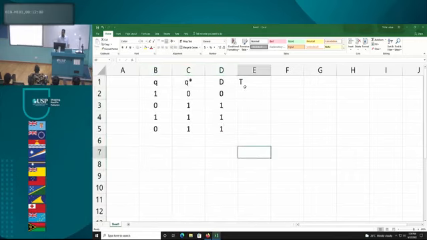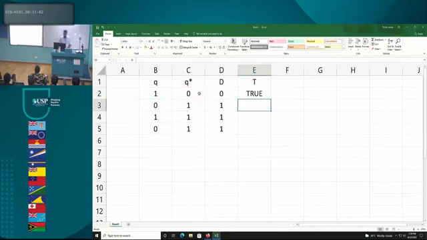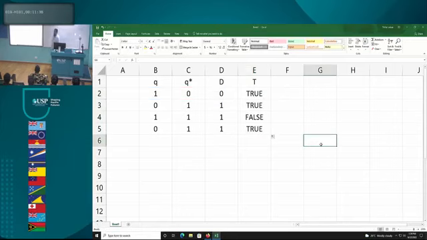D was fairly easy. What can you tell me about T, guys? T is XOR between Q and Q star. That's how I did it.